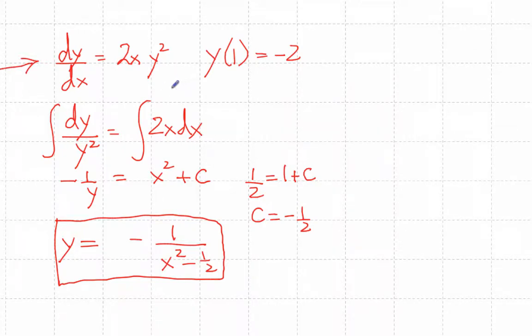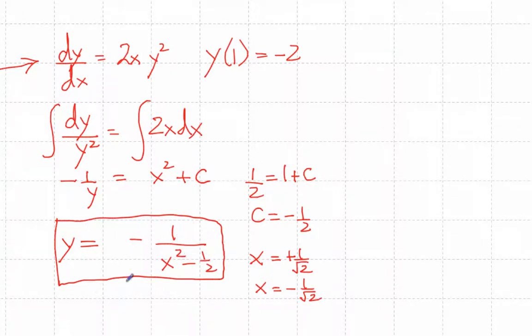It also has the correct initial value. When you put x equal to 1, you get y equal to minus 2. But now you see, there is a problem whenever x squared gets close to a half. In other words, when x is either plus 1 over square root of 2, or when x is equal to minus 1 over square root of 2, there is now a division by 0.